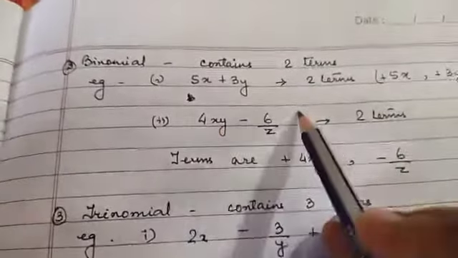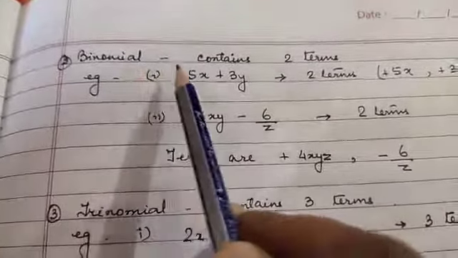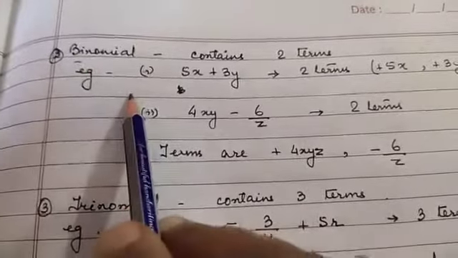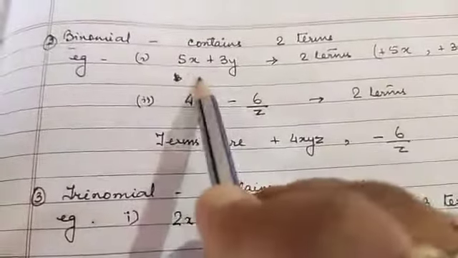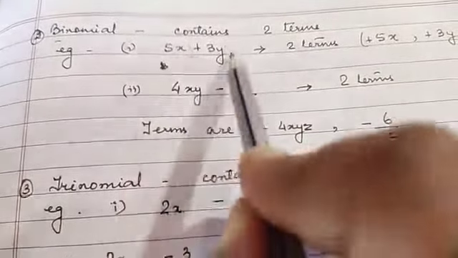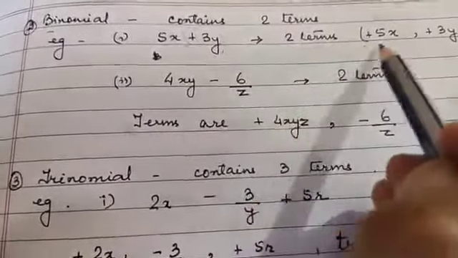Coming to the next one, this is binomial. Bi means 2. So this expression contains only 2 terms. 5x plus 3y. There is only one plus sign dividing this expression. So there are two terms, and what are the terms?